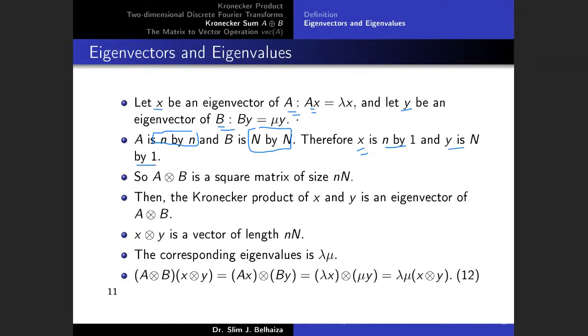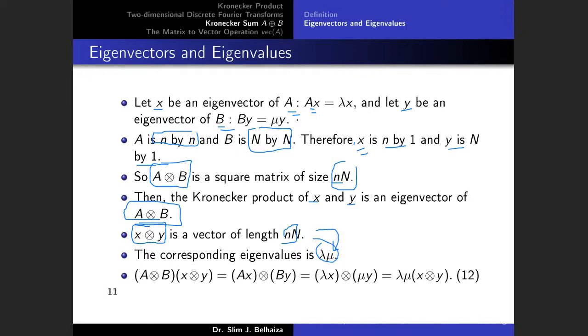Because we have two respective eigenvectors, the Kronecker product has size mN. And we found that the Kronecker product of x and y is an eigenvector of A Kronecker B. In fact, the Kronecker product xy is a vector of length mN, and the corresponding eigenvalue is lambda mu.